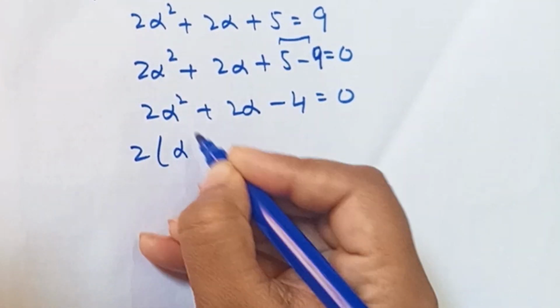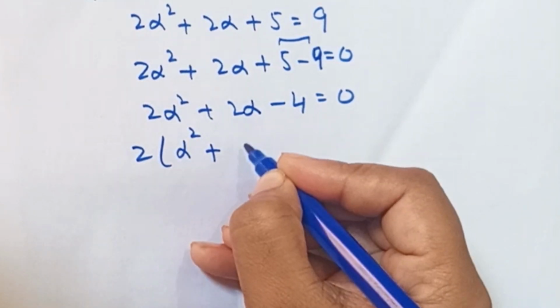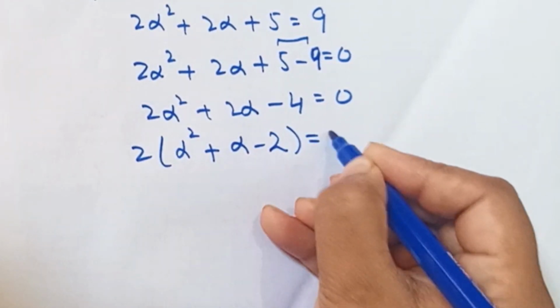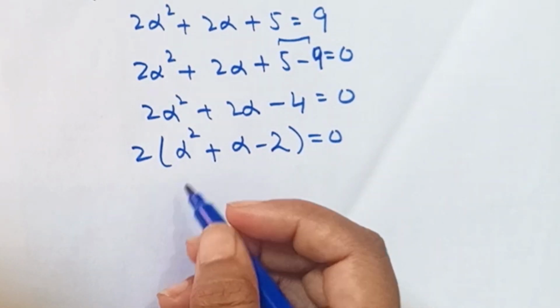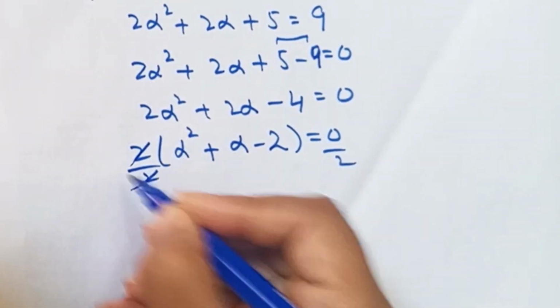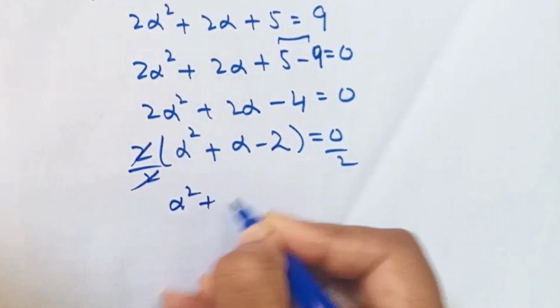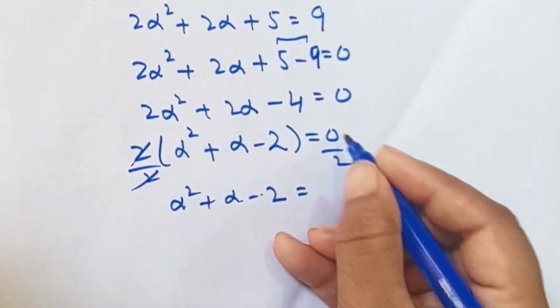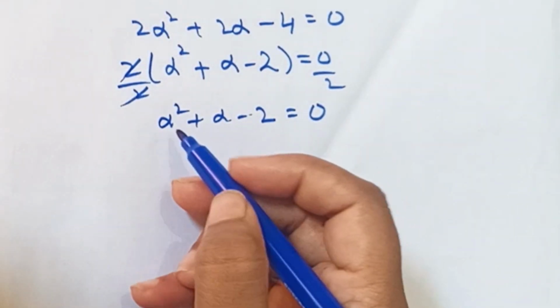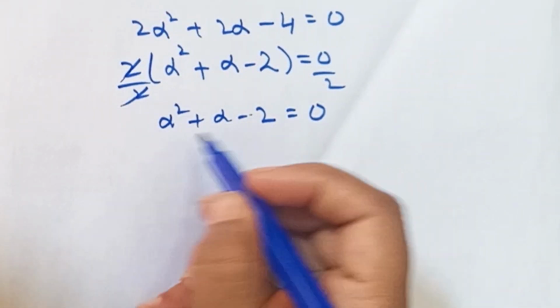So the first term will become alpha square, the second term will become alpha, and the last term will become just 2, and this is equal to 0. In the next step, we divide this equation by 2 on both sides. So this 2 and 2 cancel. We just get alpha square plus alpha minus 2, and 0 divided by 2 is just 0.